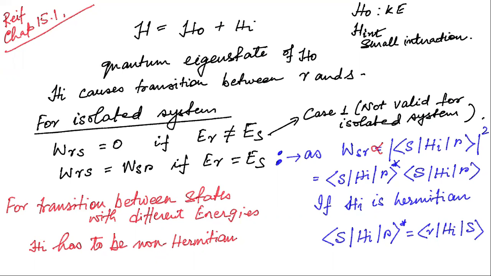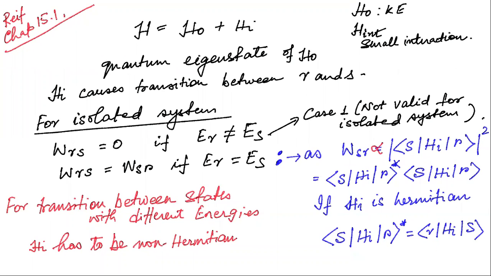And it can be seen from quantum mechanics. So if energy is the same, then the transition probability from R to S and S to R has to be equal, because the transition probability can be written as bra R, Hi, ket S, a whole square, and basically you have this relationship.